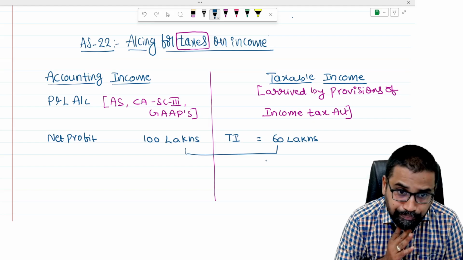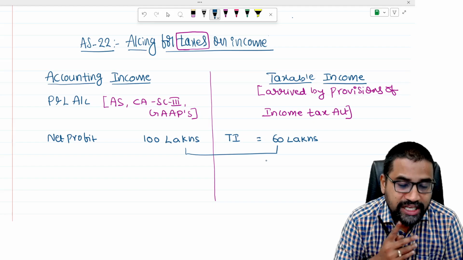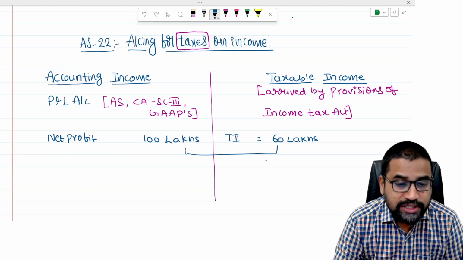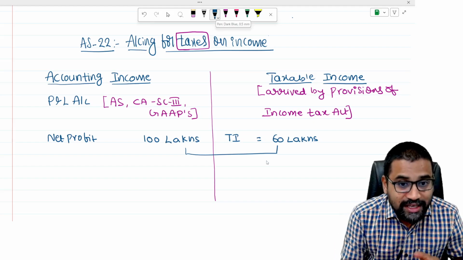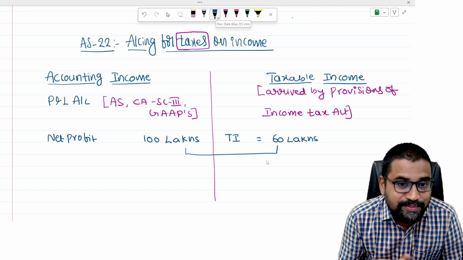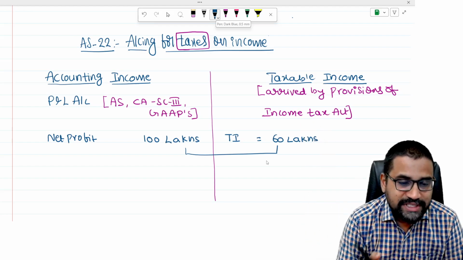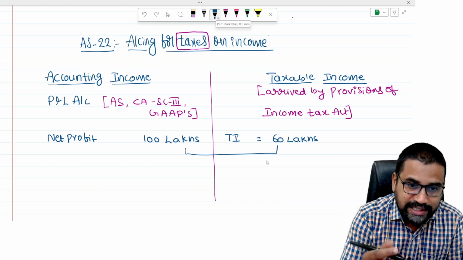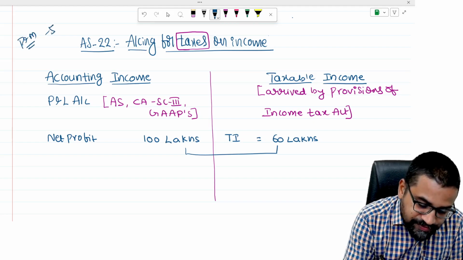For example, section 35AD, specified business. Suppose you are doing a specified kind of business, 100% of the capital expenditure is allowed as per the Income Tax Act. But generally in accounts, we don't allow capital expenditure as an expense; any capital expenditure we recognize as an asset. For example, we purchased one plant and machinery, the cost is 50 lakhs.